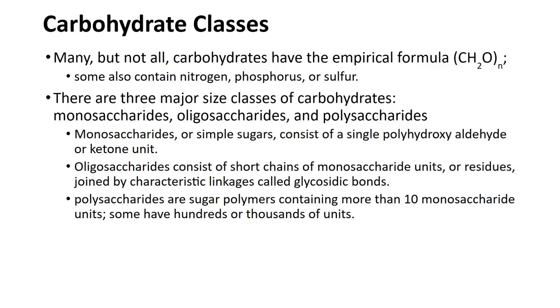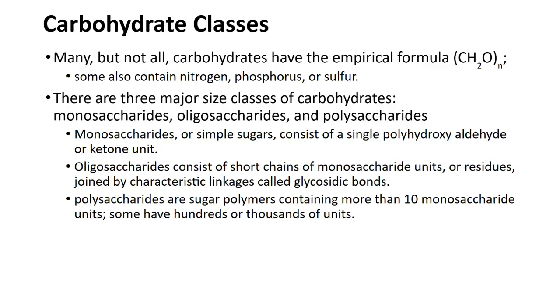For this particular lecture, we will be talking about three major classes of carbohydrates: the monosaccharides, oligosaccharides, and polysaccharides. The monosaccharide is just the simple sugar. You can almost think of it as a monomer, and it consists of a single polyhydroxy aldehyde or ketone unit.